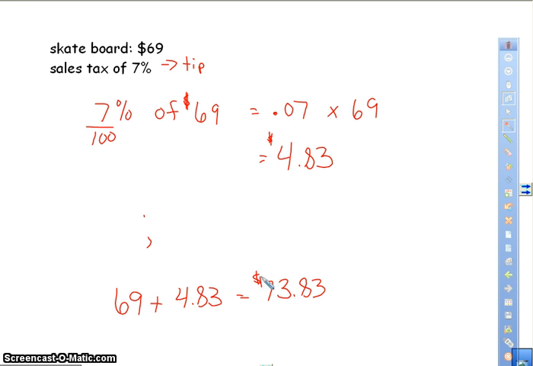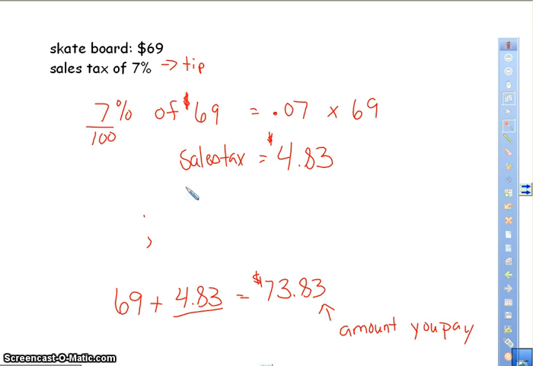Once again, you're adding on the sales tax because that's the amount you're paying. You have to pay the government $4.83 for the purchase of that skateboard. So $73.83 is the amount you pay, and the $4.83 was the sales tax, how much sales tax you would have to pay.